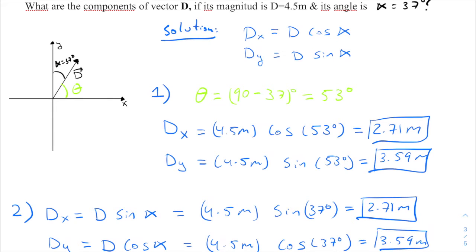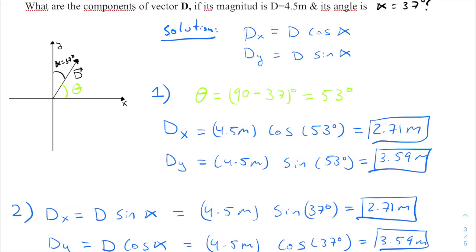So now we have to be a little bit more careful in how we do the problem, because before we derived these equations that you see here, in which Dx is equal to D times cosine of the angle and Dy is equal to D times sine of the angle. However, these equations were derived with respect to the x-axis.